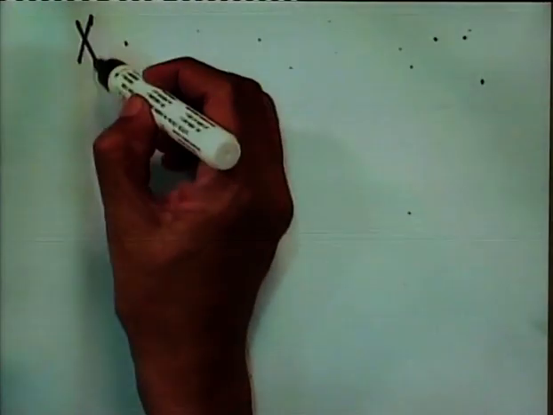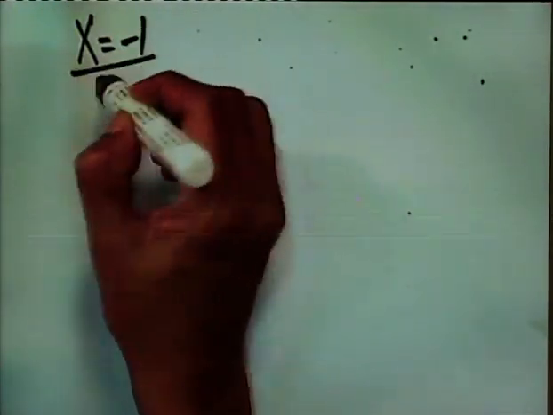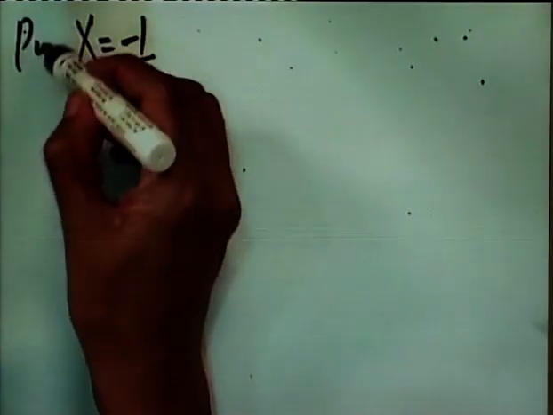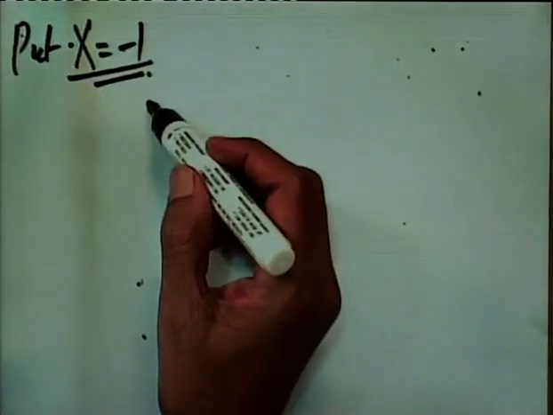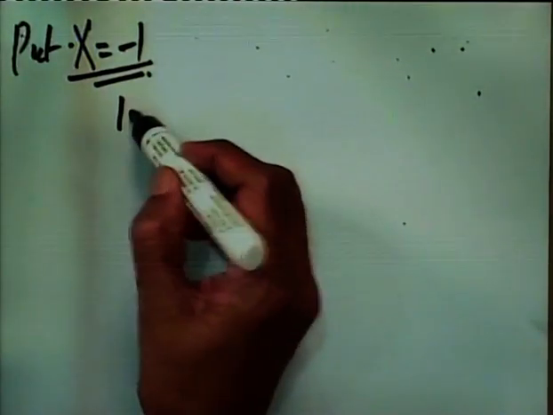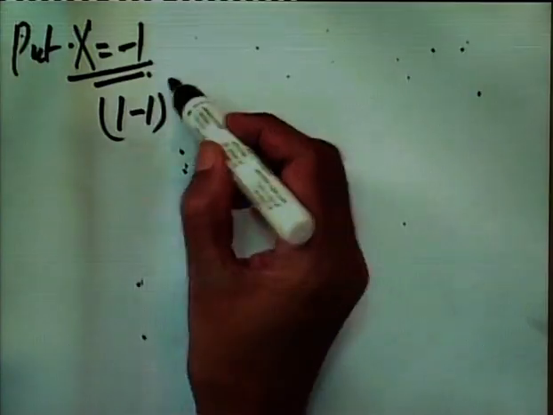Okay, now I put in the same expression x is equal to -1. Then let me see what I get. I will get 1 minus 1 raised to power n.